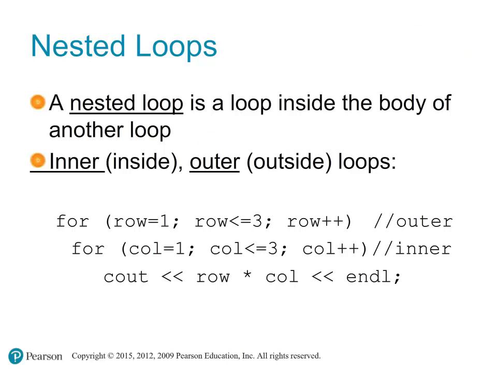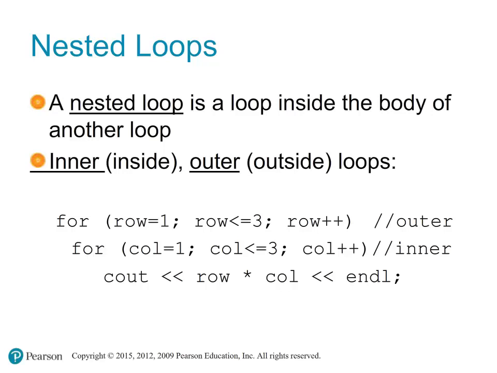A nested loop is a construct where one loop, which is the inner loop, runs inside another loop, which is the outer loop. The outer loop contains the inner loop. In the provided example, it is the loop with the row variable. The inner loop runs inside the outer loop.